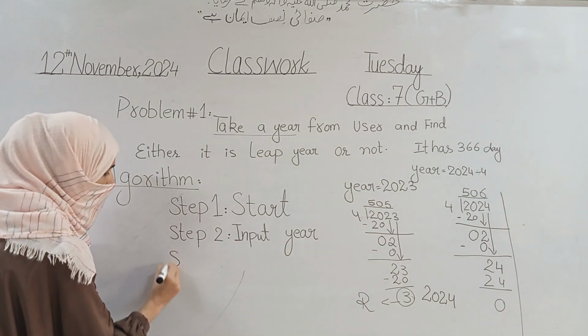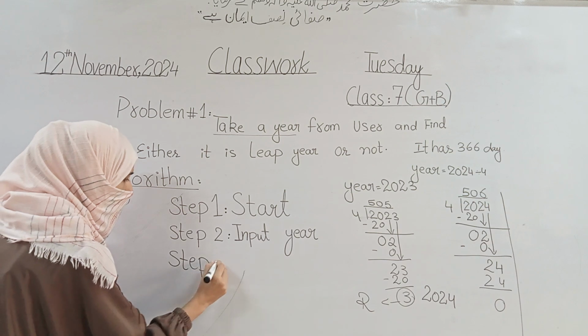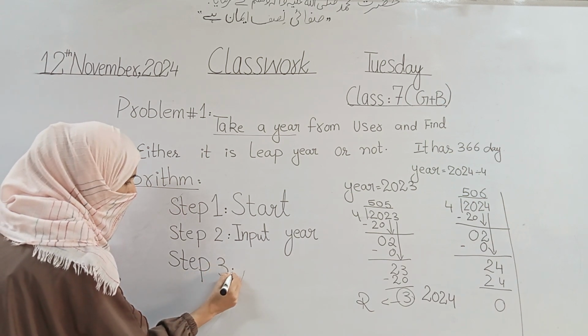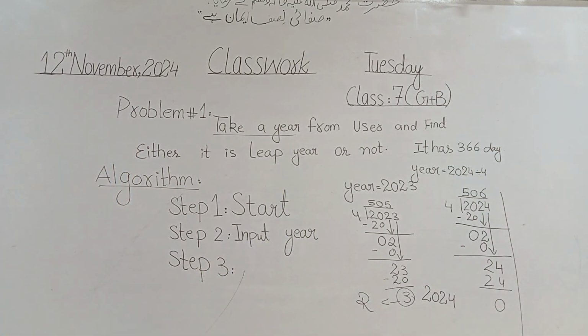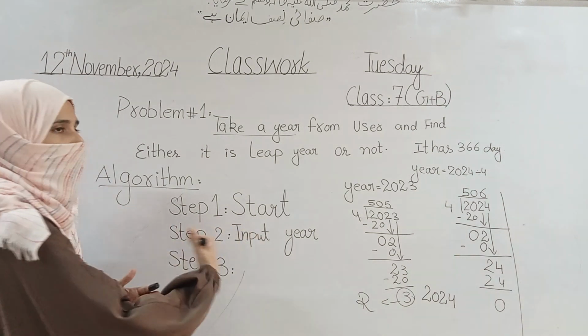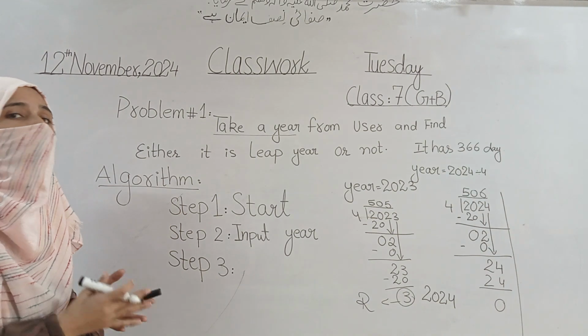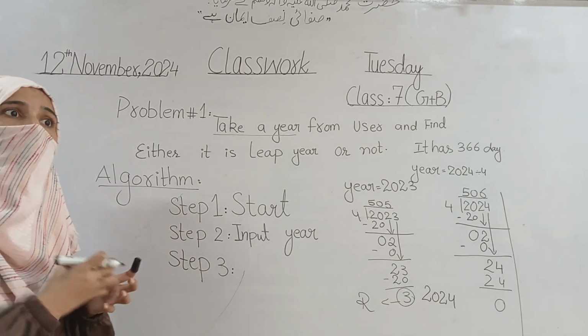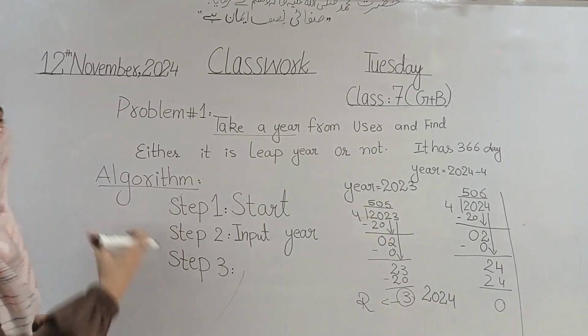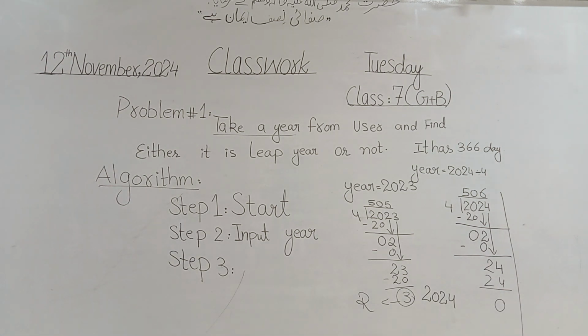Step number 3. Who will tell me what step number 3 is? Step number 3 is processing. When we take an input from the user, it means we have to start working on the input.